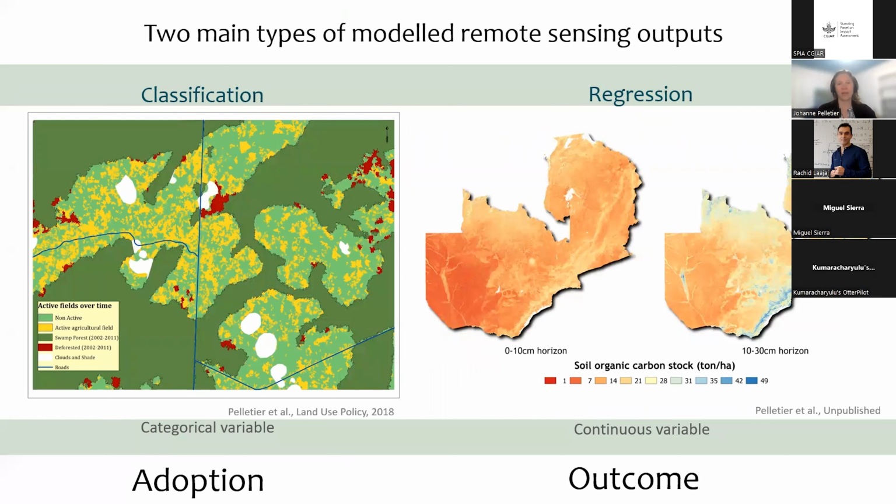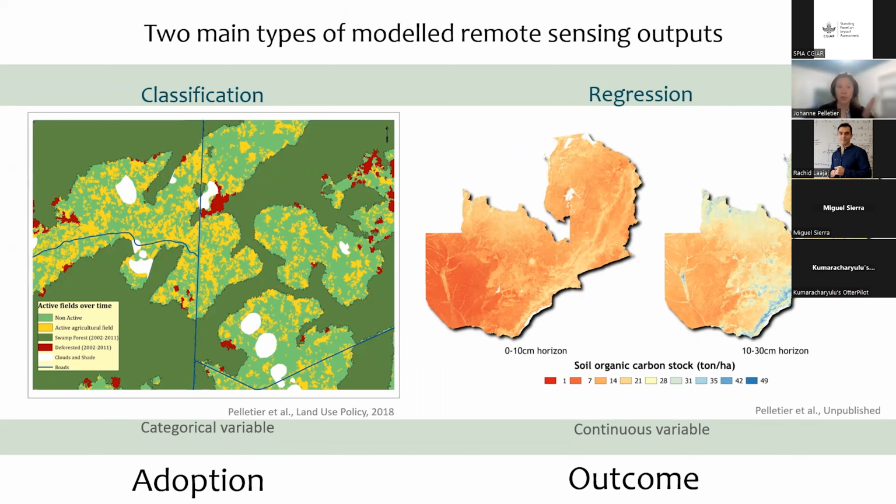There are two main types of modeled remote sensing output for the map that you want to produce. You can produce a thematic map, a map of a categorical variable. For example, you have classes for forest, crop, and often classification is the output when you want to measure adoption. So you will have a binary map that you want to create.